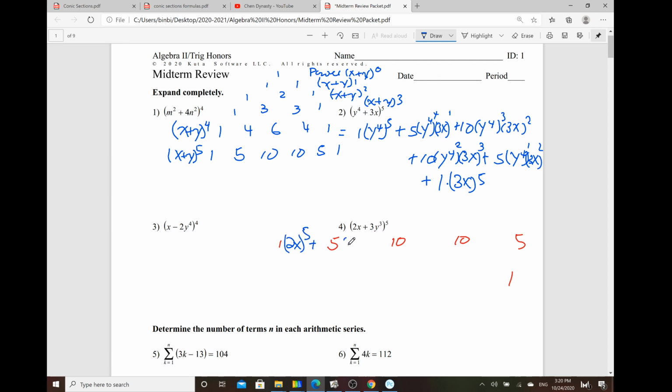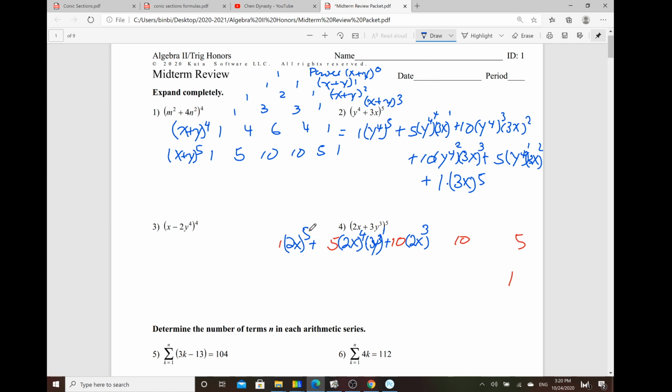And then plus 5 times 2x quantity to the power of 4 times 3y cubed to the first power, and then plus 10 times 2x, once again, quantity to the power of 3.